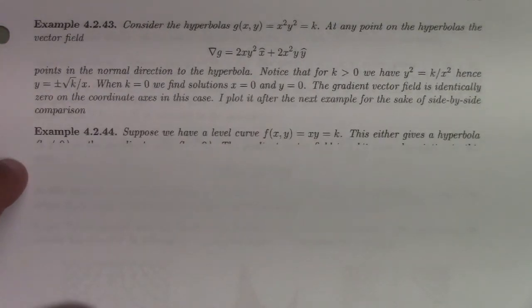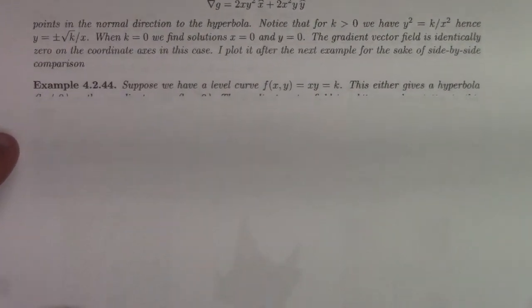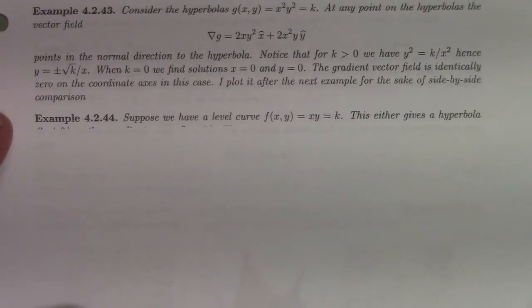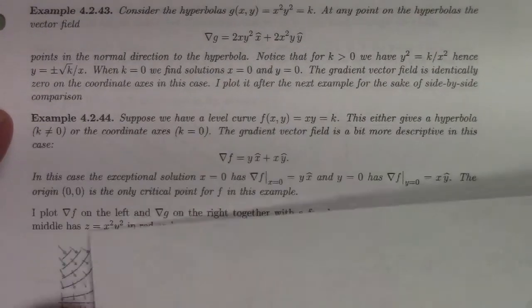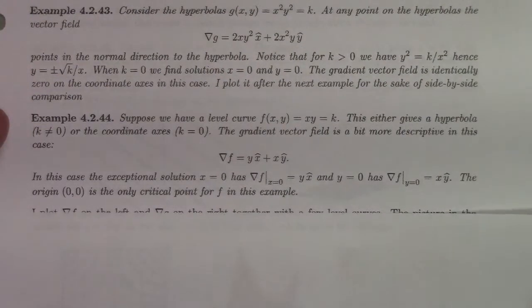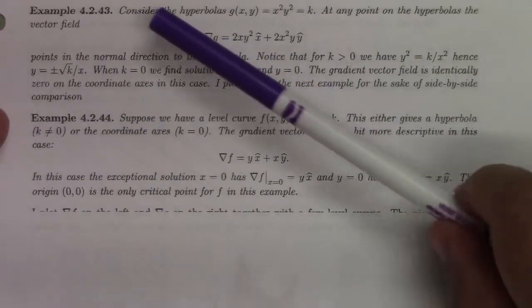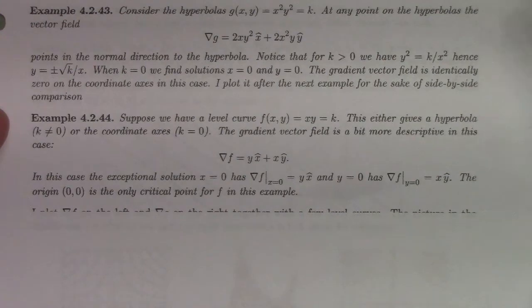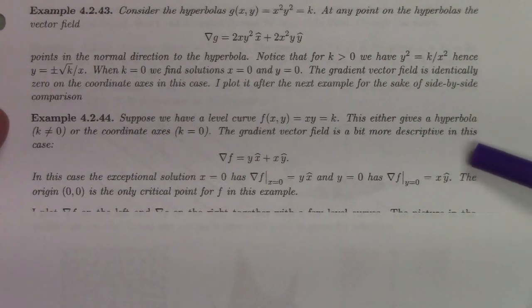And oh, so the next example, let me see if I can get them both in so you can see the difference. There we go. So in this example I've got x squared y squared. The next one I've got xy equals k. I think this is the genuine, the real McCoy here, so to speak.